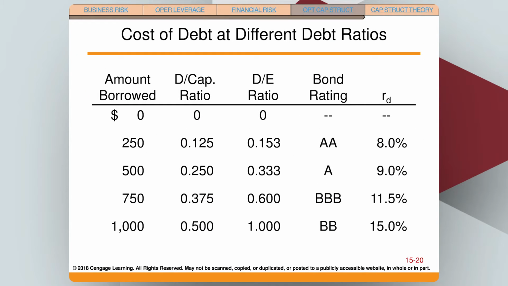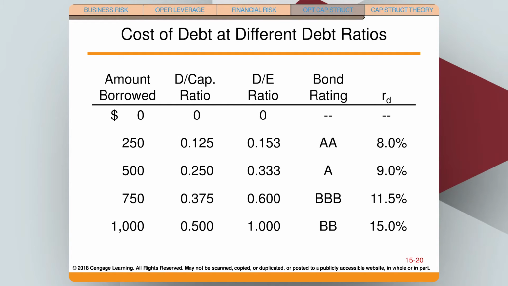So, cost of debt at different debt ratios. Again, amount borrowed, you have 0. Debt, of course, 0 yung lahat. Pero pag nanguna ka ng 250, as you notice, debt to capital ratio, you have 0.125. So, as time goes by, pag nangungutang ka, tumataas ang ating debt to capital ratio. Common sense. How about your debt to equity ratio? Common sense din. 0.153, 0.33, tumataas din.